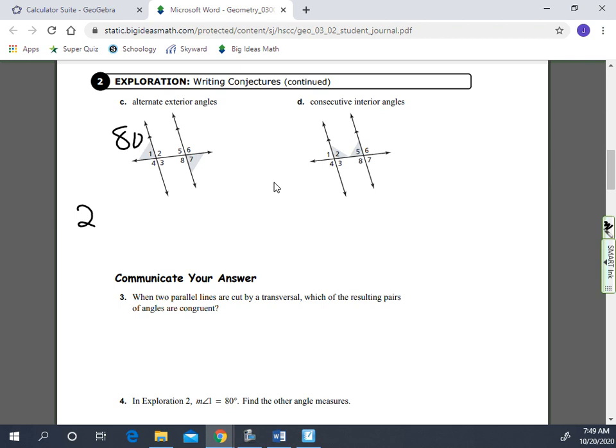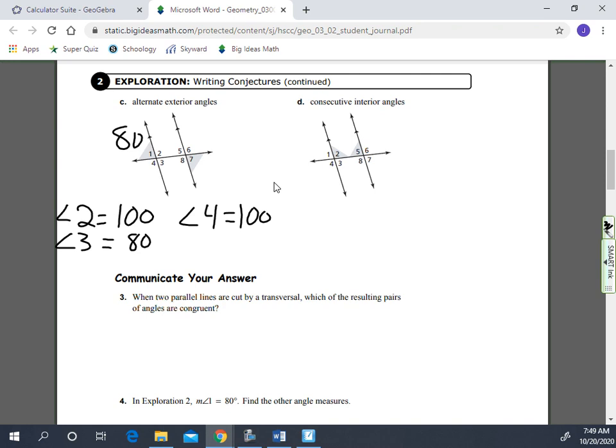Angle 2 will equal, well, 100 plus 80 is 180, so angle 2 has to be 100. Angle 3 has to be the same as angle 1 because they are vertical angles, so that's 80. Angle 4 has to equal angle 2 because they're vertical angles, so that has to be 100.